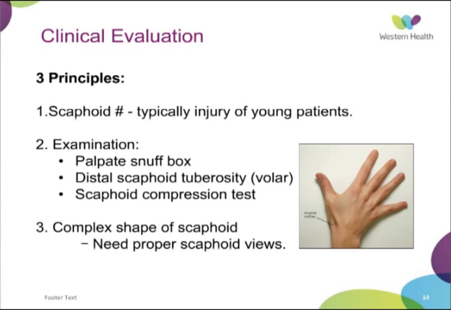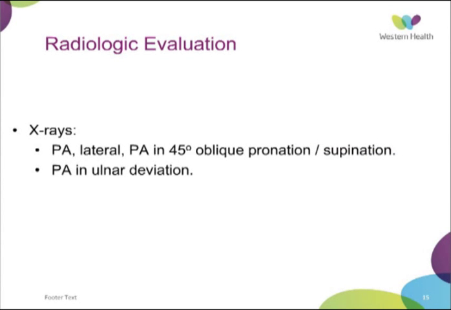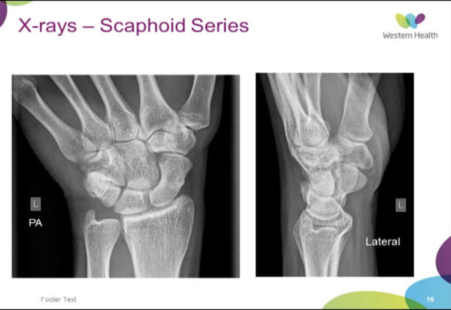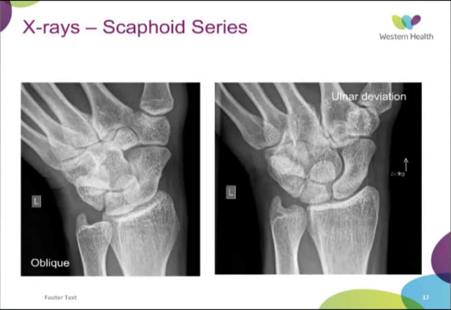And finally, remember that the scaphoid has a complex anatomy and will need multiple views on the X-ray. A typical scaphoid series will include a PA and a lateral, an oblique view, and a view in ulnar deviation. Here are some X-rays: a PA, a lateral, an oblique, and one in ulnar deviation.